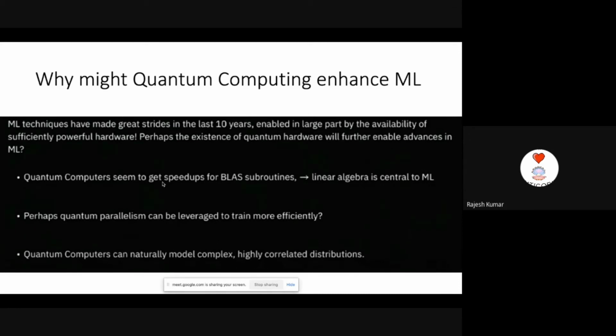Another complexity is the highly correlated distribution. The features X1, X2, X3: when you want to decide whether to invest in a stock or not, we take various features, like the stock price, the company name, its history. These are all highly correlated features.